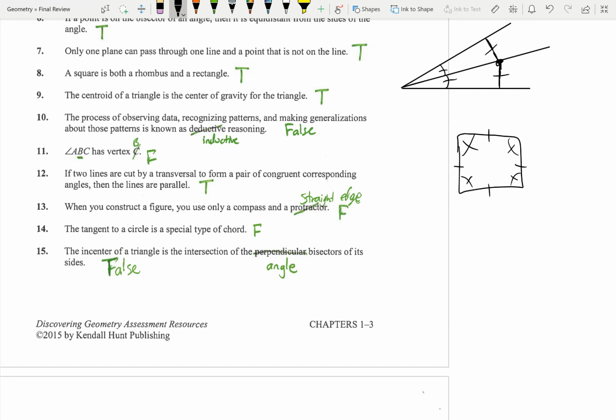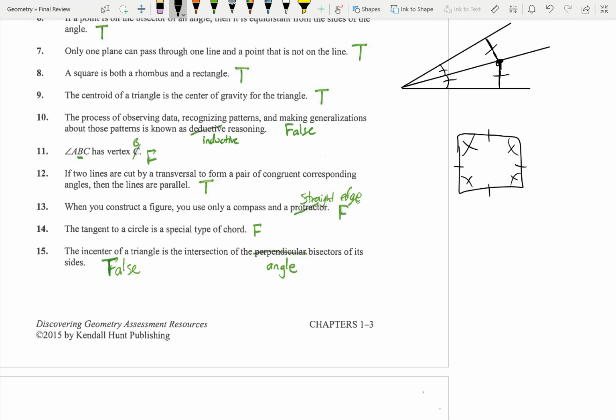And because it has the properties of the rhombus and rectangle, it is a rhombus and rectangle. So that's true. Centroid of a triangle is the center of gravity for the triangle. That is true. The process of observing data, recognizing patterns, and making generalizations about those patterns is inductive reasoning, not deductive, so that's going to be false.